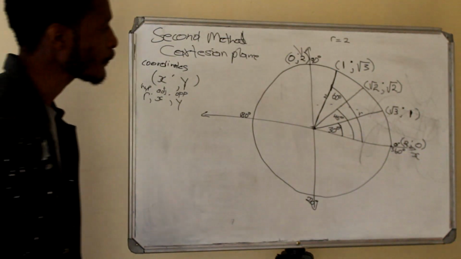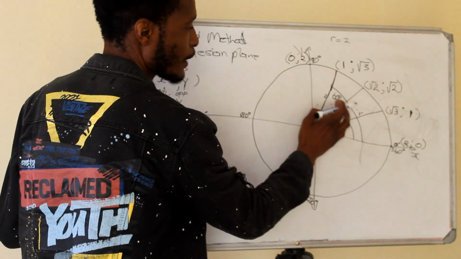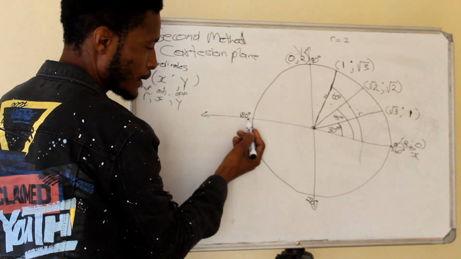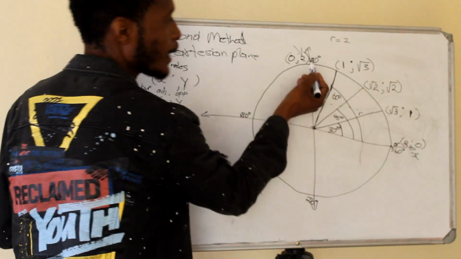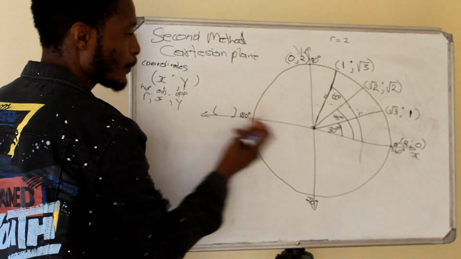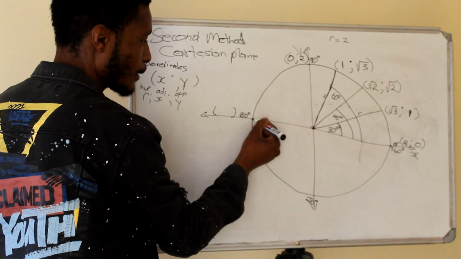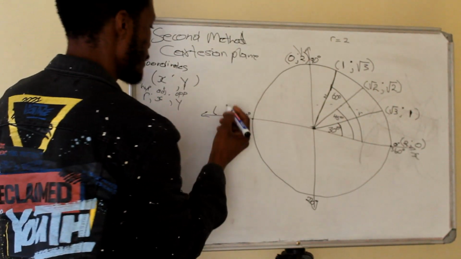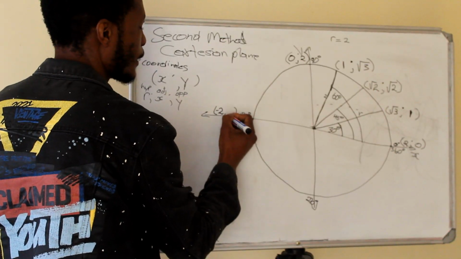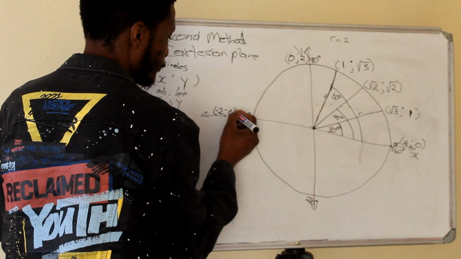Okay, now as we move forward, we've covered the 30, the 45 and the 60 degrees, right? Now we're going to look at the angle 180. Remember, that was 0, 90. At 180, the coordinates are, remember, the distance from here to here is 2 units, so because it's on the Cartesian plane, it will carry a -2, and for my y, I'll be having a 0.